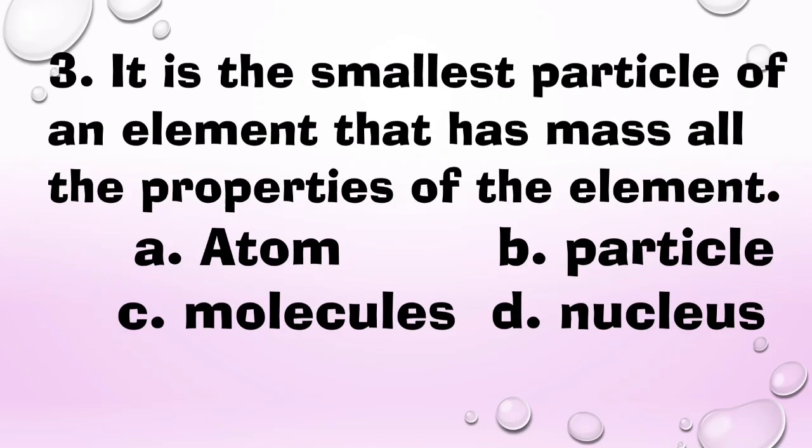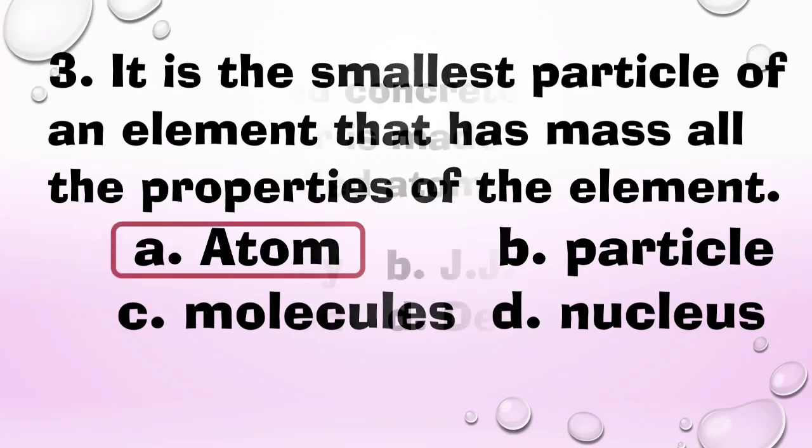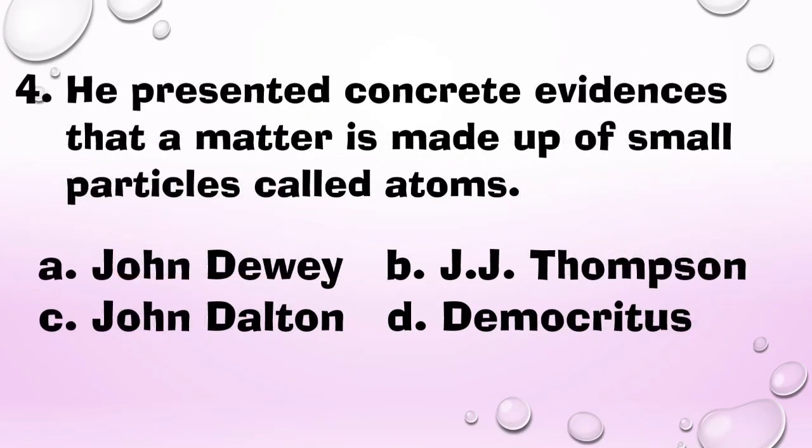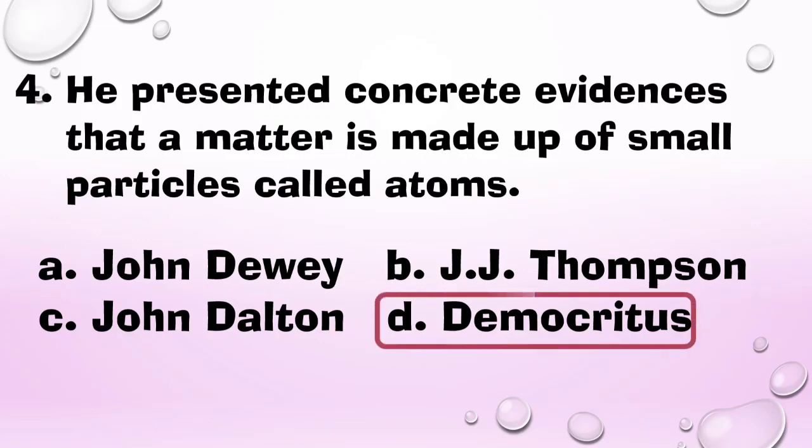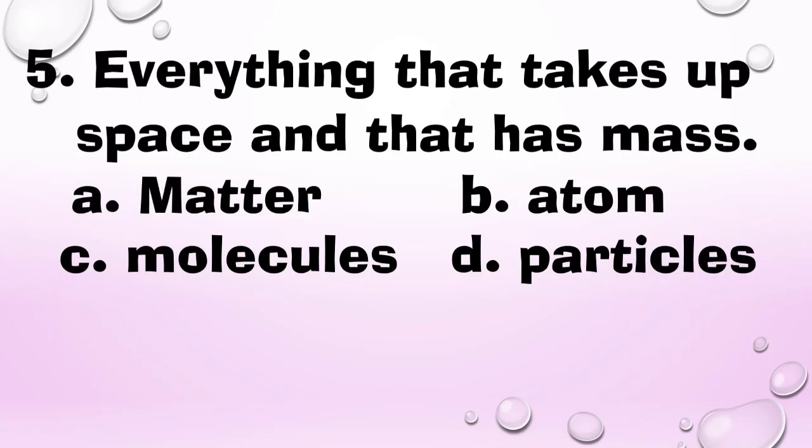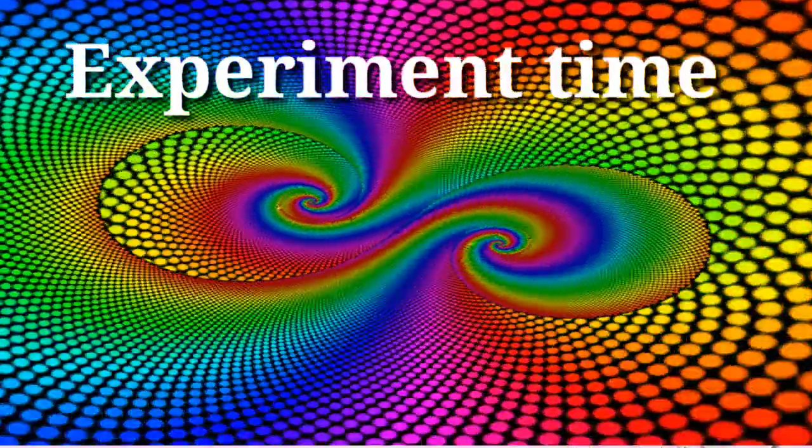It is the smallest particle of element, and that is atom. Number 4. He presented an evidence that matter is made up of tiny particles called atom. He is Democritus. Number 5. Everything that takes up space and has mass, and that is matter.